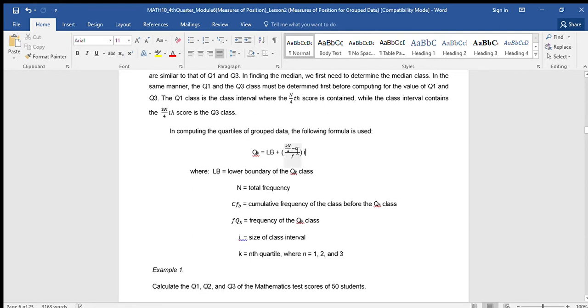What is C? C is the cumulative frequency of the class before the Q sub K class. F is the frequency, and I is the class width.